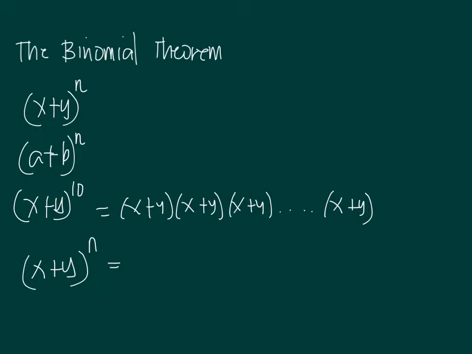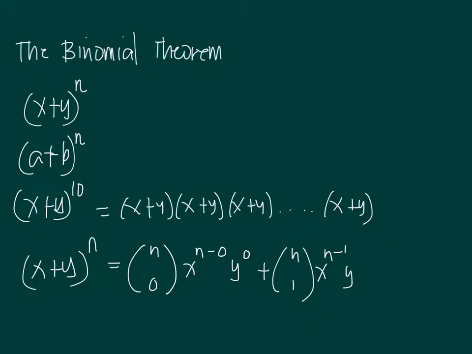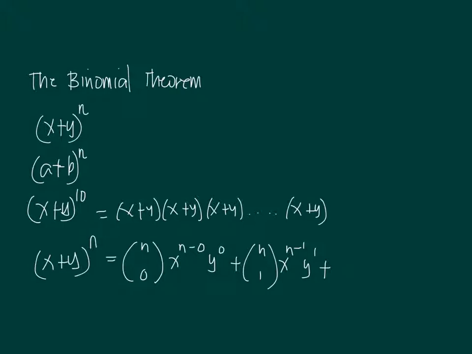Because the expansion of x plus y to the n starts with n0, x to the n minus 0, and then y to the 0, plus n1, x to the n minus 1, y to the 1, and then plus n2, and then x to the n minus 2, y squared, and then plus n3, and then x to the n minus 3, then y to the 3.